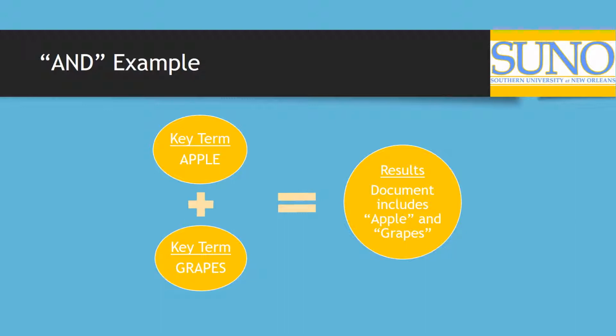Using the Boolean operator AND and searching for both of those key terms, you would only receive results or sources, academic articles, that include both the key terms apple and grapes in them.